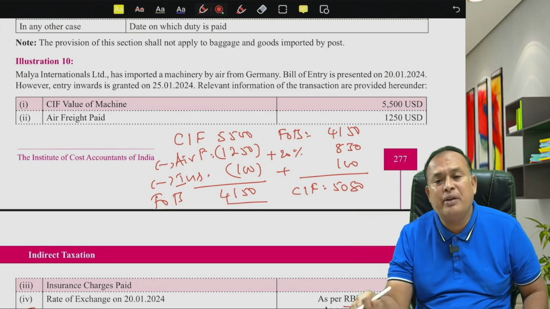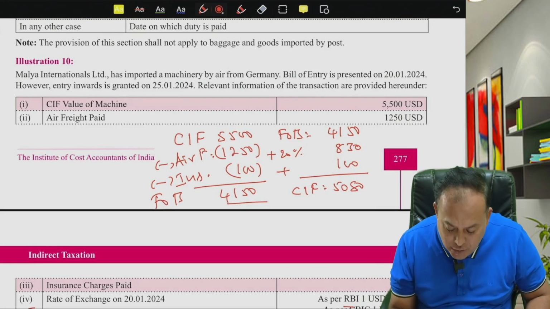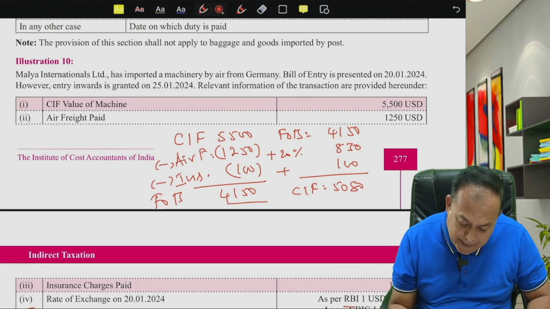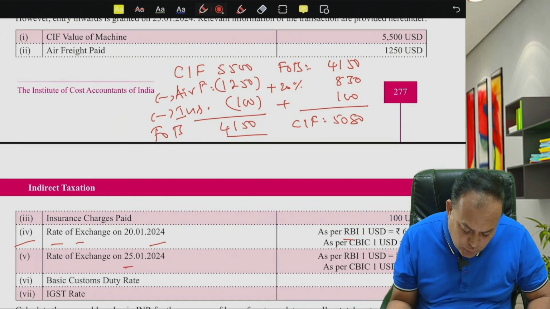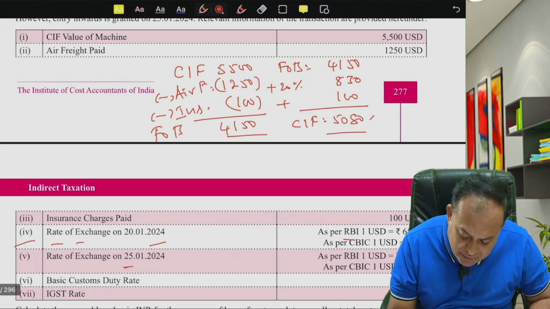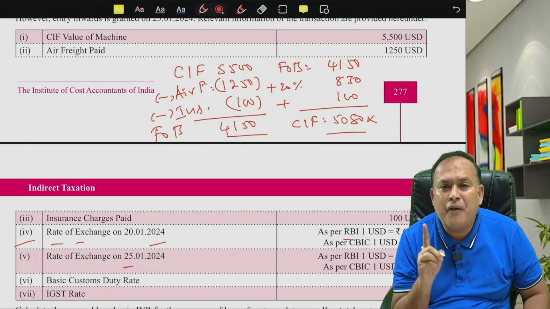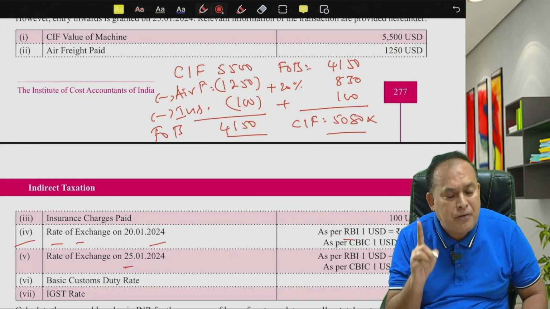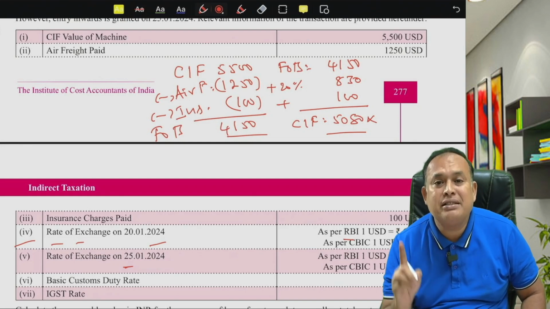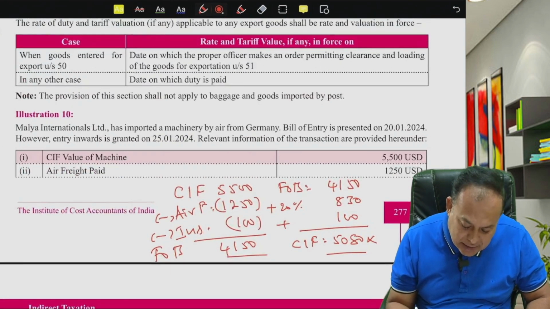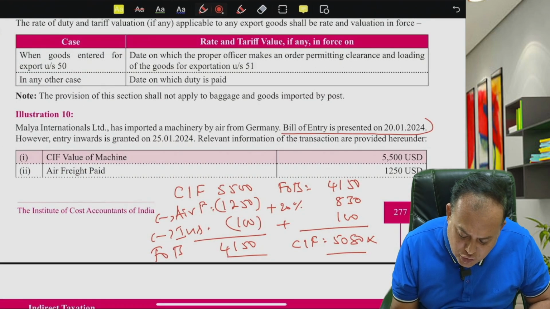Now, the CIF value you got is 5,080. There is no other information to add. That is the assessable value. Multiply with the exchange rate. Which exchange rate should be considered? The exchange rate of the CBIC at the time of submission of the bill of entry. The bill of entry is presented on 20th January.